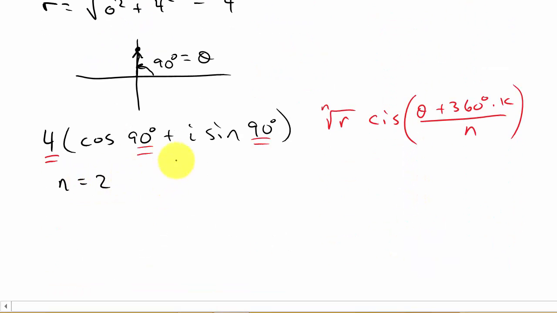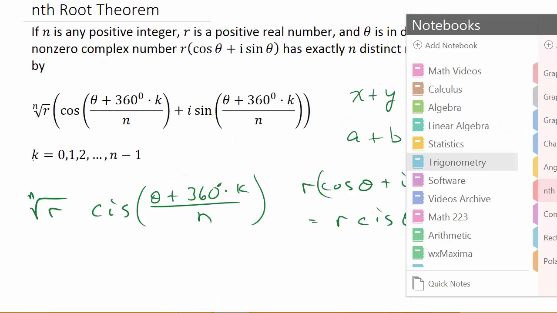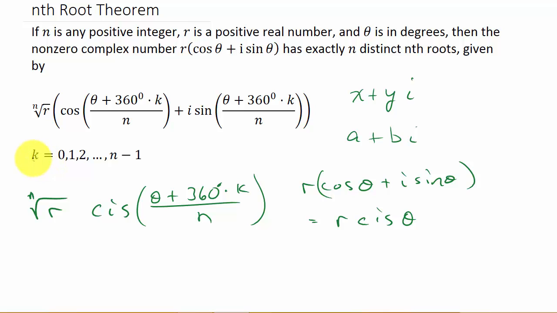So n is 2, and k is equal to 0, 1. Now where did I get that from? If you watched the first video, you saw me explain it. But k is equal to from 0 to n minus 1. Well, in this case, n in our problem is 2, so that's 2 minus 1, which is 1. So k would be 0 all the way to 1.